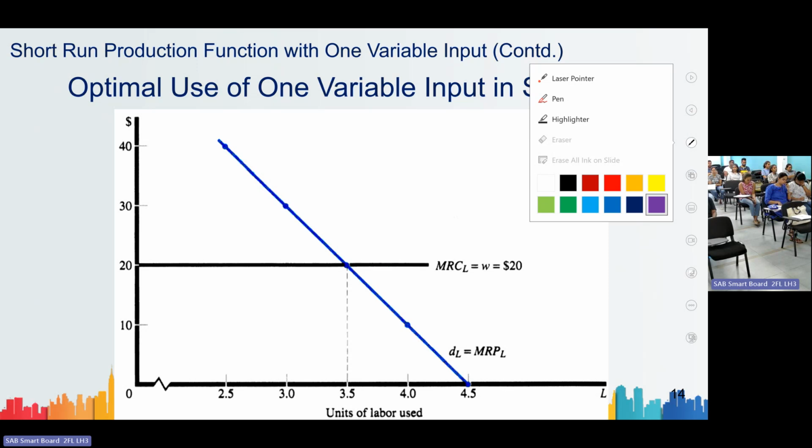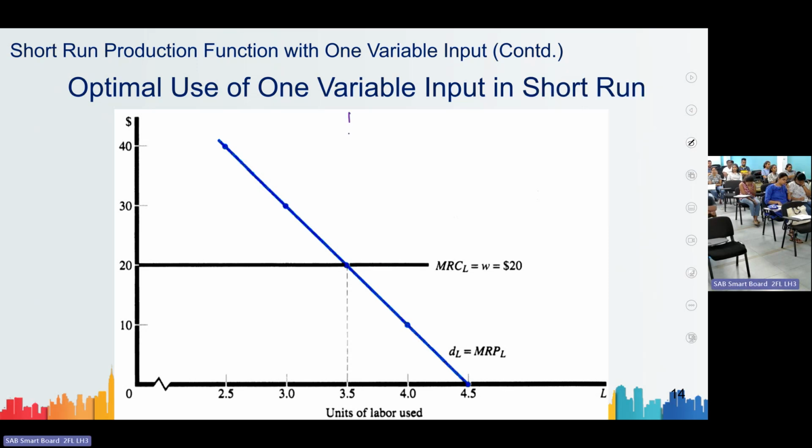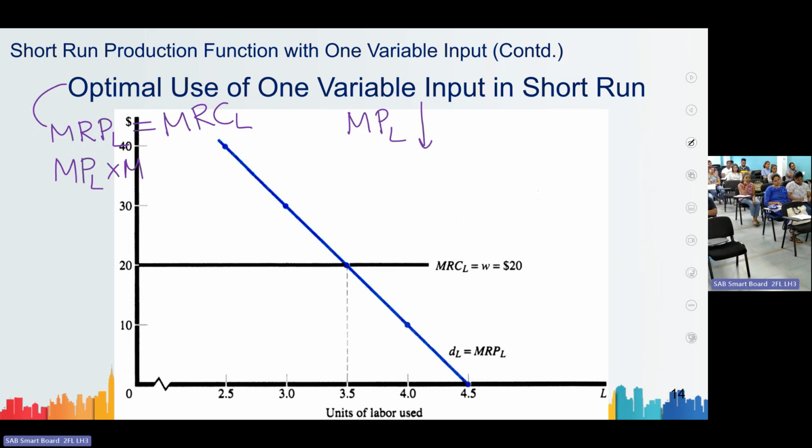To decide the optimum use of variable input, the condition is marginal revenue product of labor should be equal to marginal resource cost of labor. To find marginal revenue product of labor, we multiply marginal product of labor by marginal revenue.